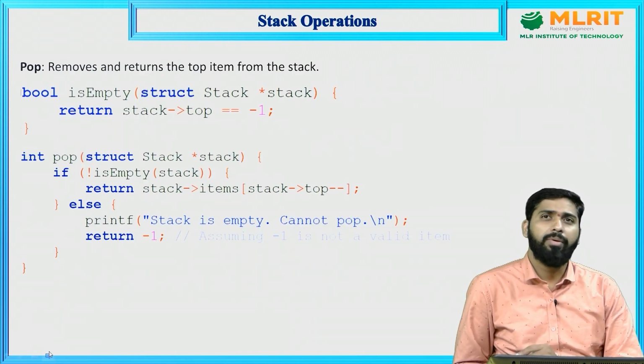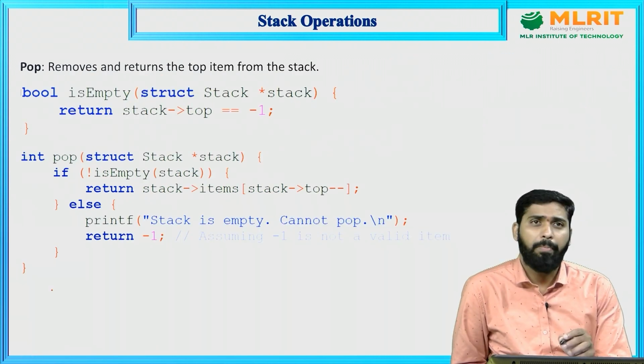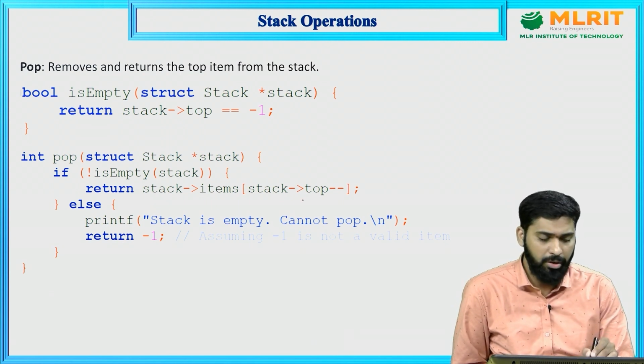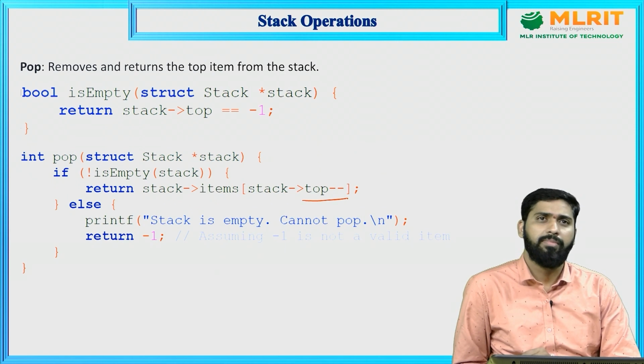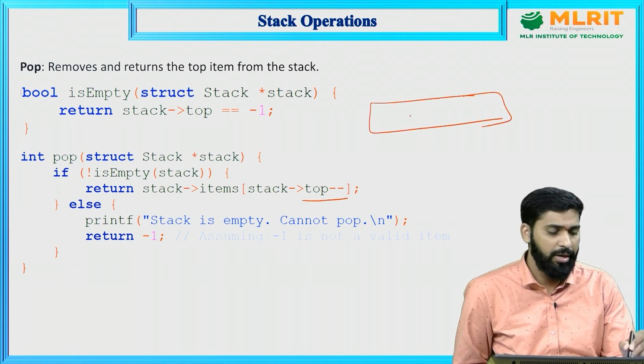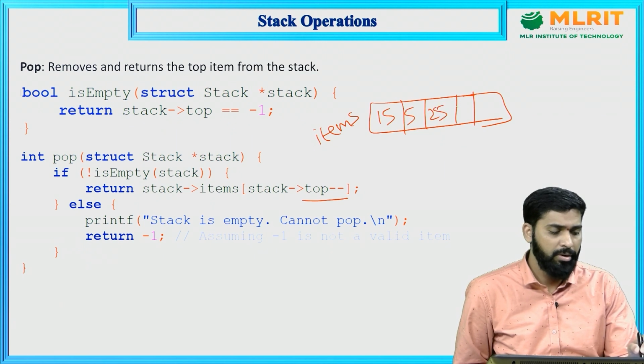Pop the element from the stack. For pop, how we are going to delete an element means by doing top minus minus. So, this is the example. Let us assume this is the items array and the elements are 15, 5, 25, 35 and 45.